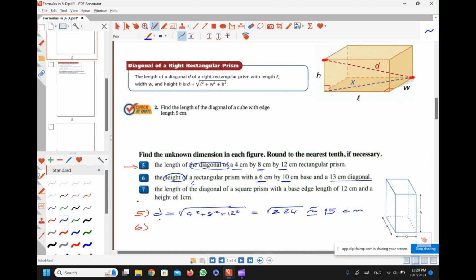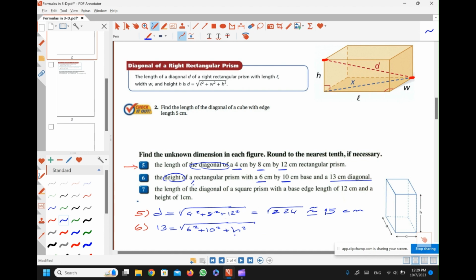In place of the diagonal, we're gonna write 13. So 13 equals the square root of length squared, 6 or 10, it doesn't matter, we are squaring them anyway, plus width squared, 10 squared, or the opposite, plus the height is missing, h squared. So this is the equation you should set up first.